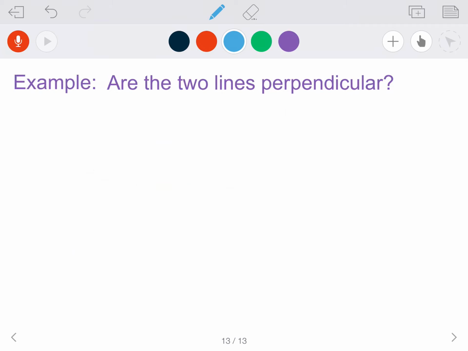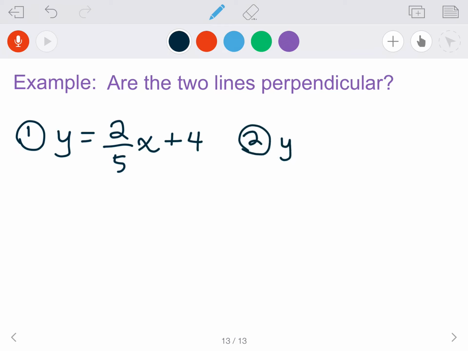This time we want to know, are the two lines perpendicular? Equation 1, let's do y equals 2/5 x plus 4. And equation 2, y equals -5/2 x minus 1. Again, we're focusing on slope-intercept form, y equals mx plus b, and our slope is the m.